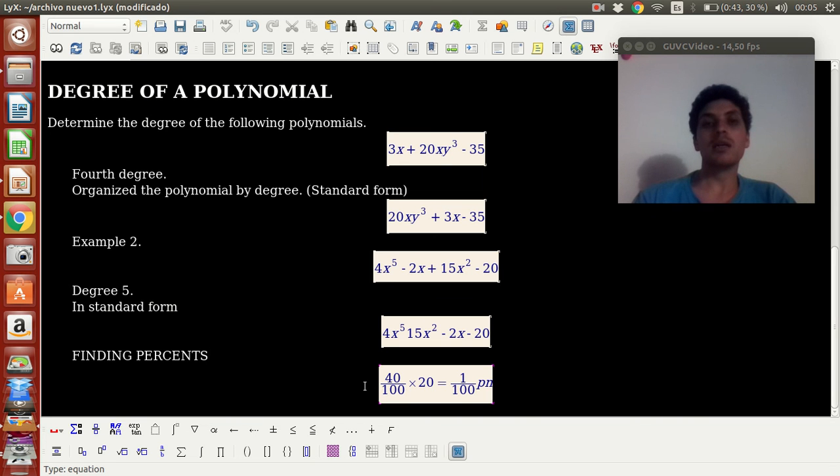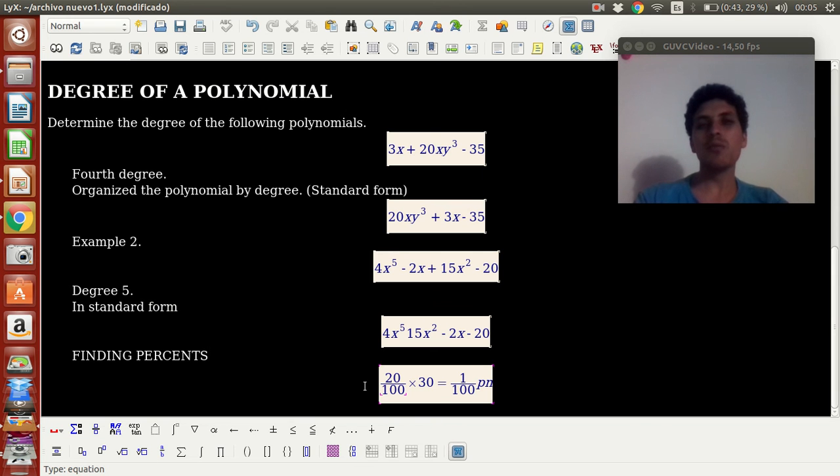Then the teacher asked us to find 20% of 30. So I need to use 30 here and 20 here, but I had to do the entire proportion.